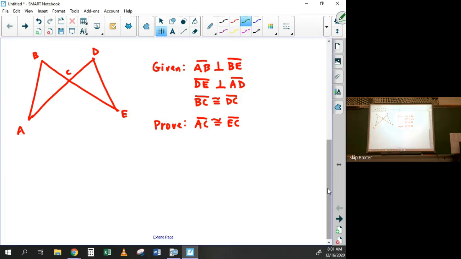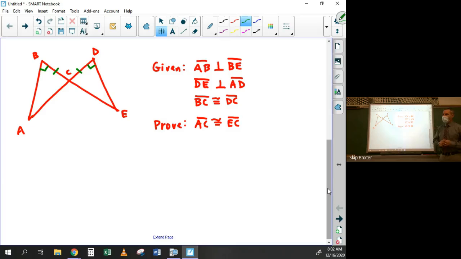Remember the strategy: use paper, draw the picture, label everything you know, and formulate a plan. In this case, we have perpendicular lines right here, and this is perpendicular here. And we also know that BC and DC are congruent.